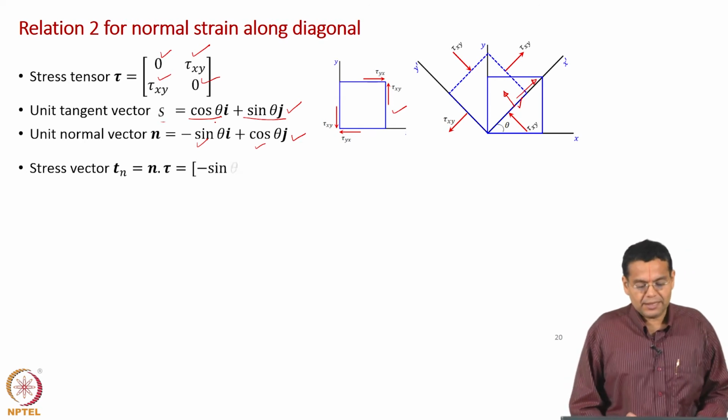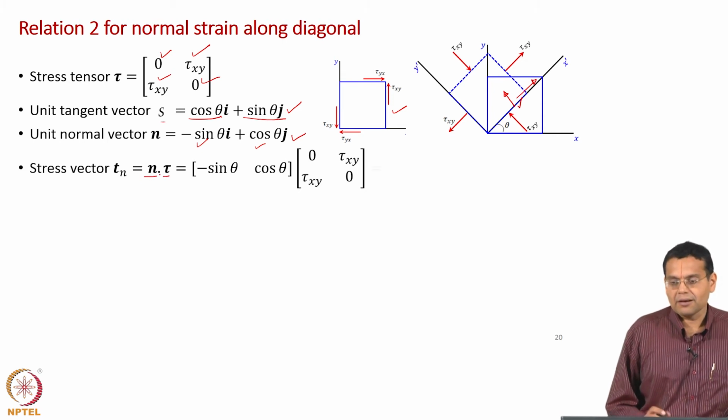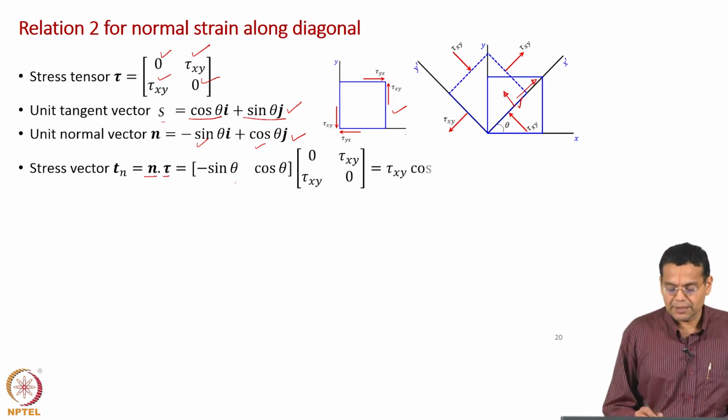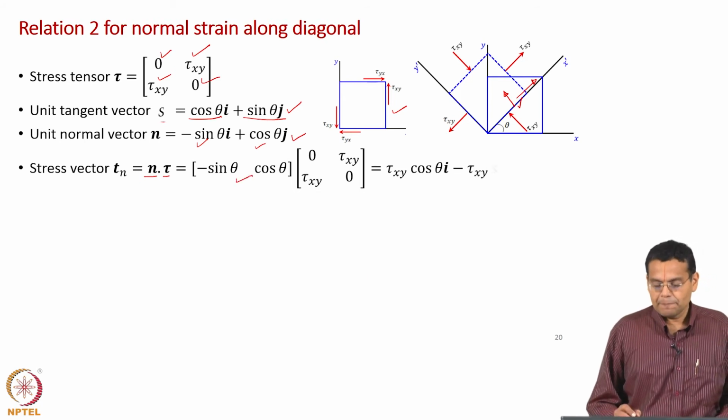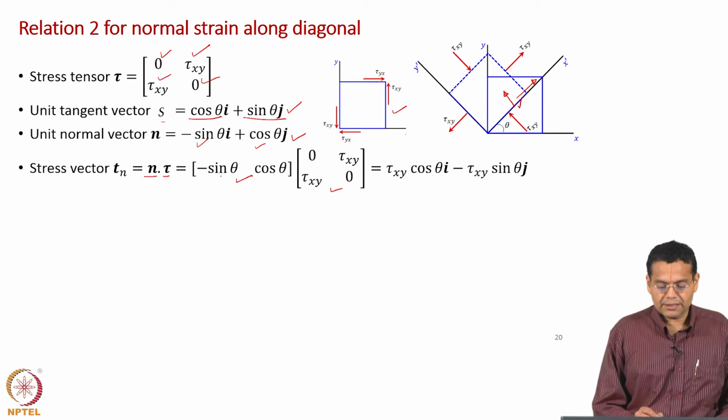We have seen that it is the dot product of the unit normal vector with the stress tensor, or in simple terms the matrix multiplication of the normal vector and the stress tensor, and the normal vector is minus sin theta, cos theta.